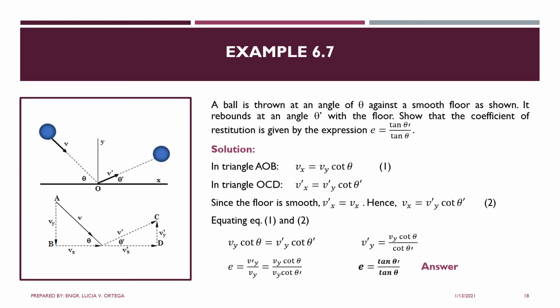Therefore, for oblique impact, the coefficient of restitution is equal to the tangent of the angle after impact divided by the tangent of the angle before impact. That is the answer.